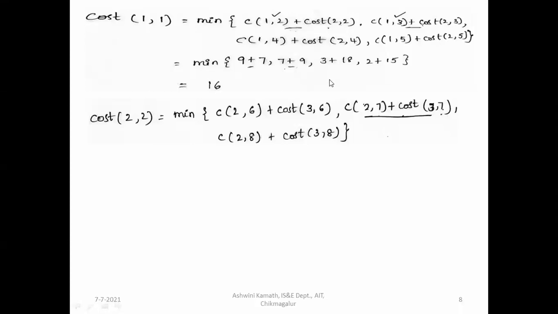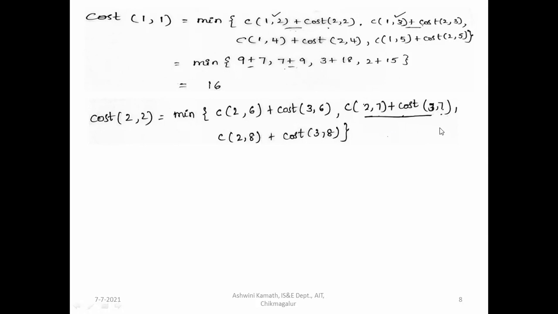Okay, one by one we'll check. First we'll check from 2. Next we'll check from 3. Okay, so here minimum of 2, 2 we have to check, because from 2 we have 1, 2 plus cost of 2, right? So I'm checking cost of 2. Okay, in cost of 2, I have 2, 7 plus cost of 3, 7.